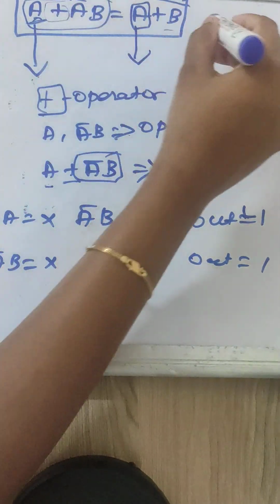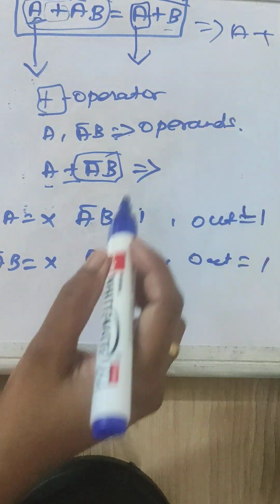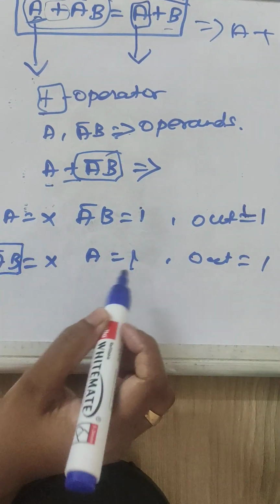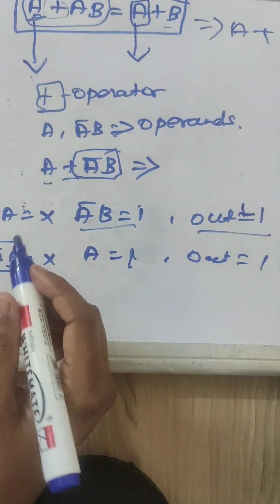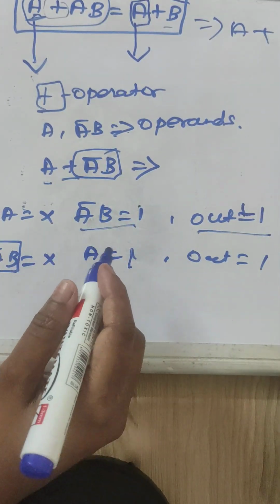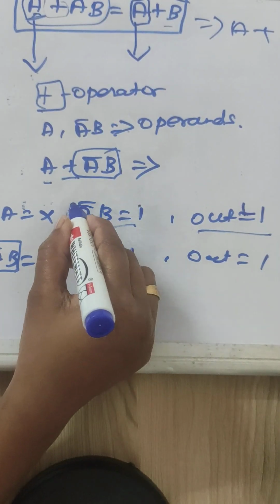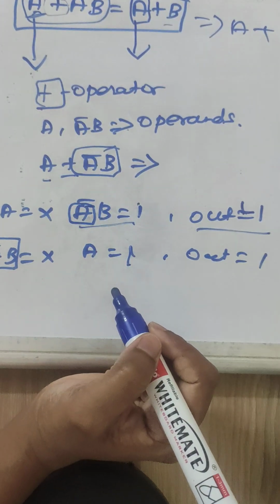So here, our A will be coming from here, but if A bar B is 1, we are telling this output is high. So let's consider A bar B is high. To make that high, definitely our A should be 0, right?